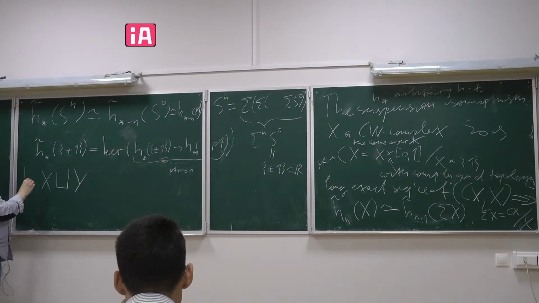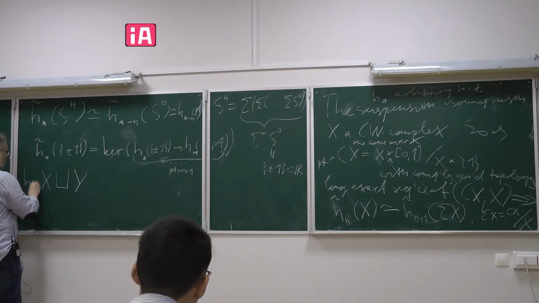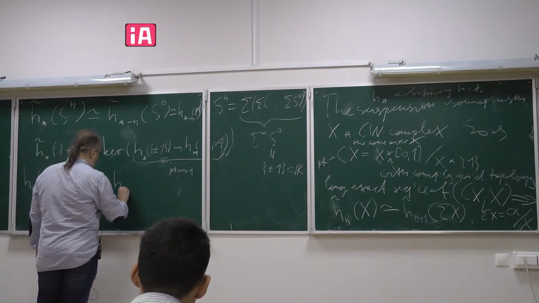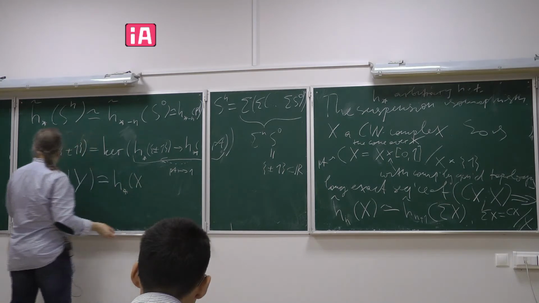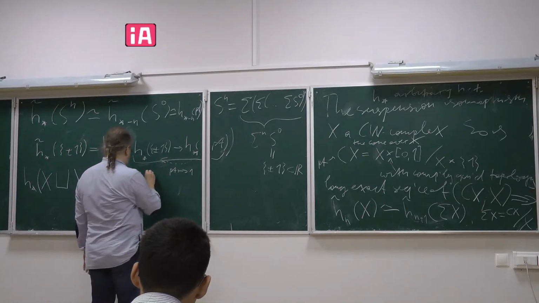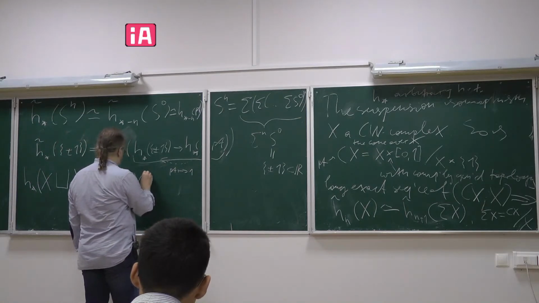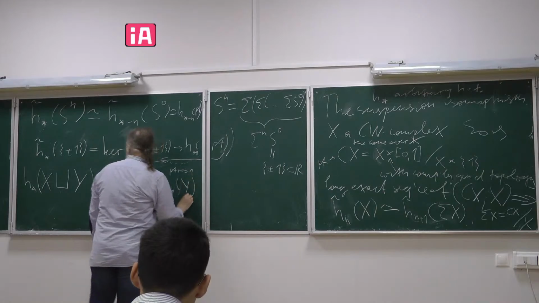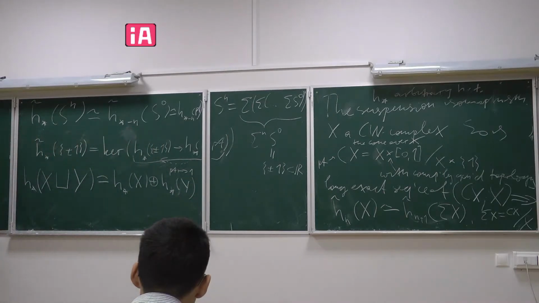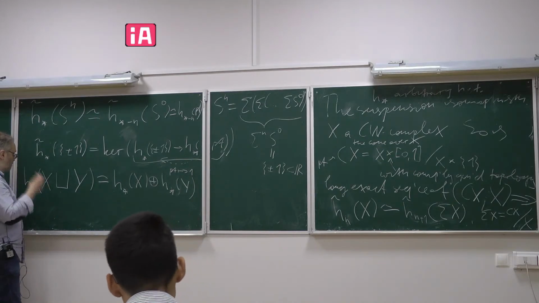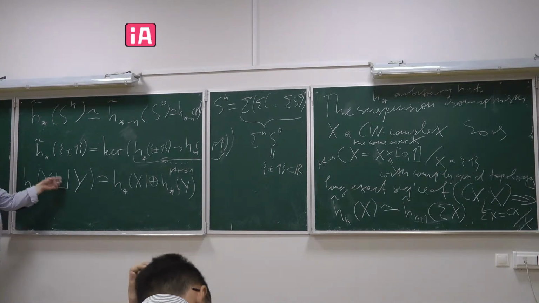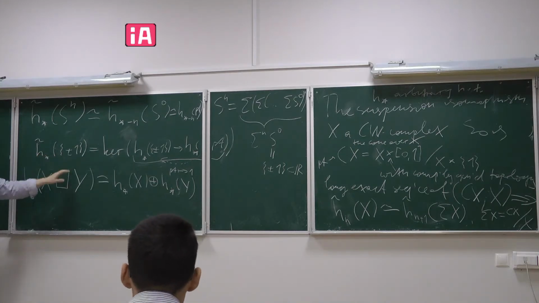My claim is, and this time I take the non-reduced version... Why is that? We're talking disjoint in the topological sense, right? Yes. This time we take the topological disjoint union.